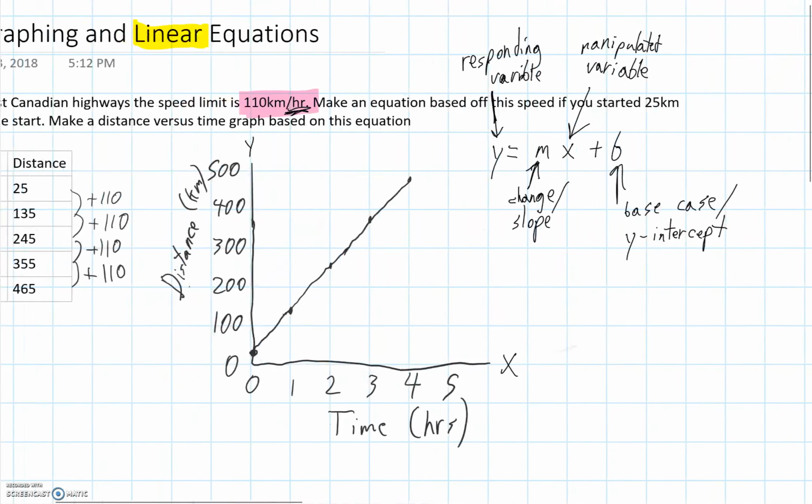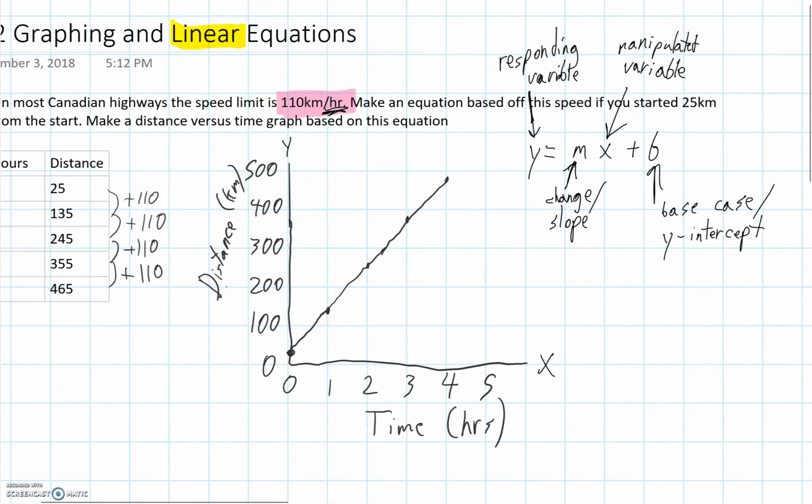Okay, so I'm going to talk about these. Hopefully responding and manipulated variables make sense. And in terms of our graph, we've got y here, y here. Okay, so hopefully that one's clear. We've got x here, we've got x here.